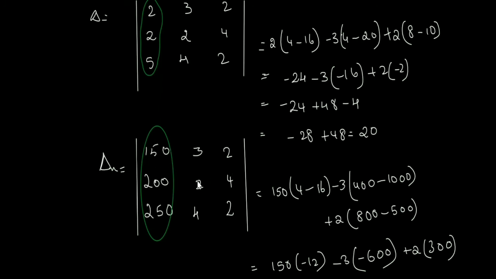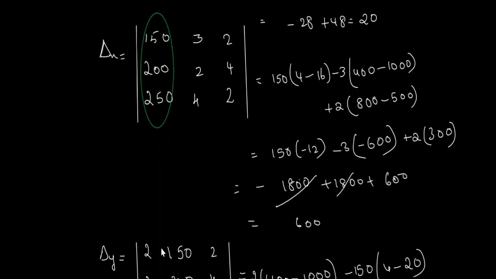So 150 into 4 minus 16. Minus 3, in this place you have to put a minus sign. So minus 3 into 400 minus 4 into 250, that is 1000. Plus 2 into 800 minus 500.